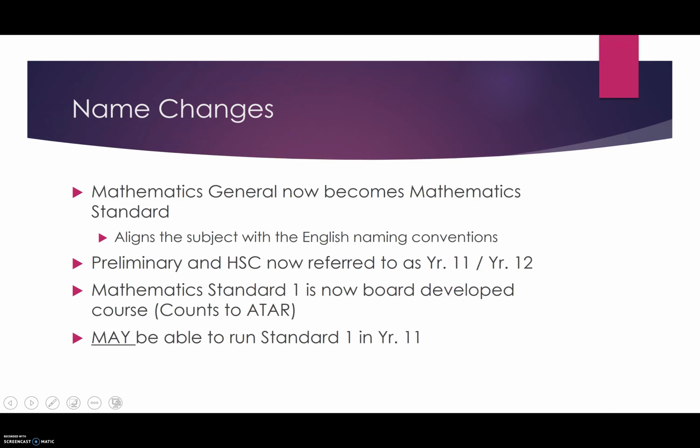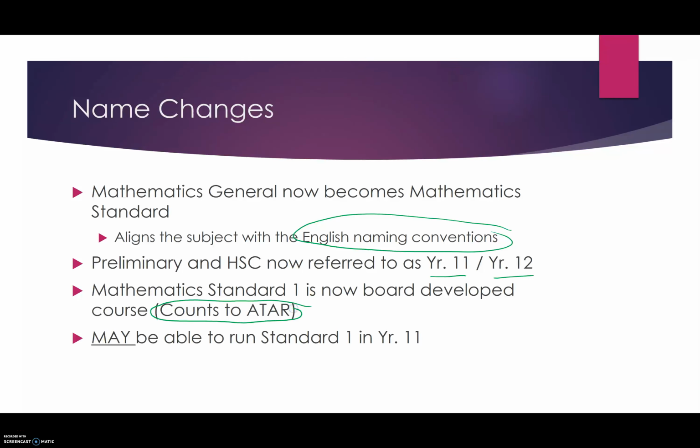So, a couple of name changes. General now becomes standard, and I thought this was interesting. They've done that to change it to the English, so that it's aligned with the English courses now. Prelim and HSC are now Year 11 and Year 12. This is a curious one.